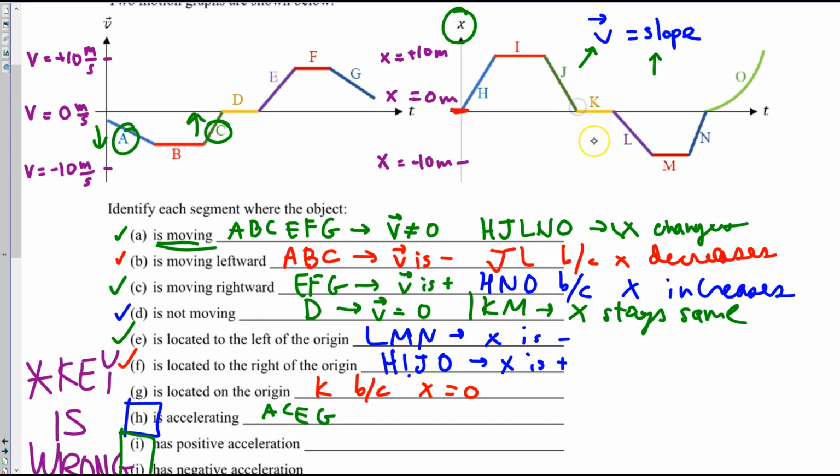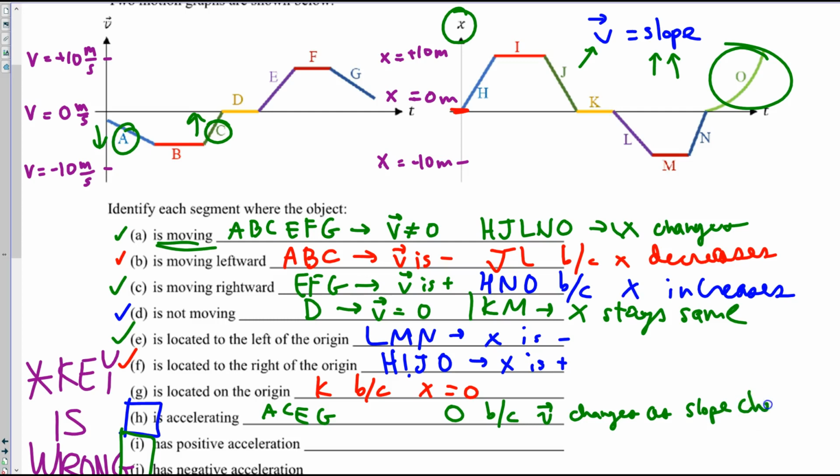The only single line on this graph that has a changing slope is O, because the line is curved. The slope, the velocity is changing. And on these first four, we said they were acceleration because velocity changed.